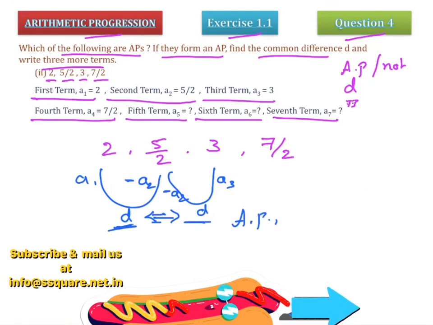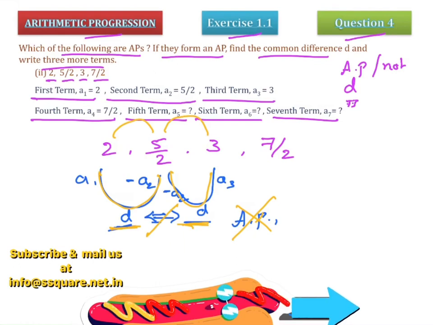If this D is not equal, it doesn't form an AP. So the difference between a2 and a1, and the difference between a3 and a2 should be the same. If it is the same, it becomes an AP. If this D and this D value are not the same, then it doesn't become an arithmetic progression.